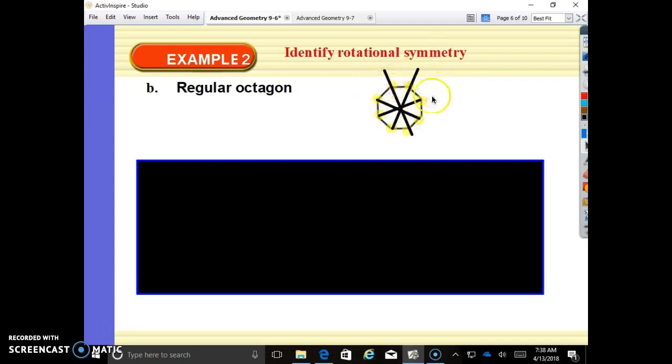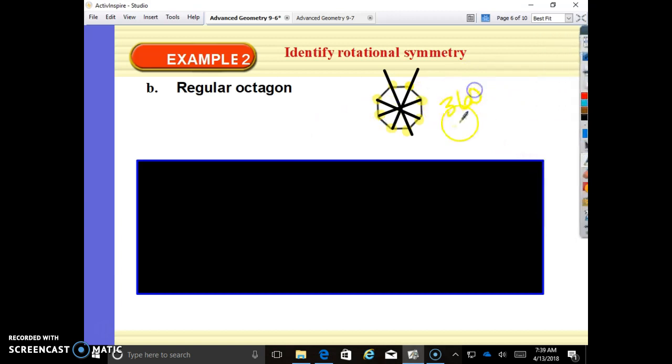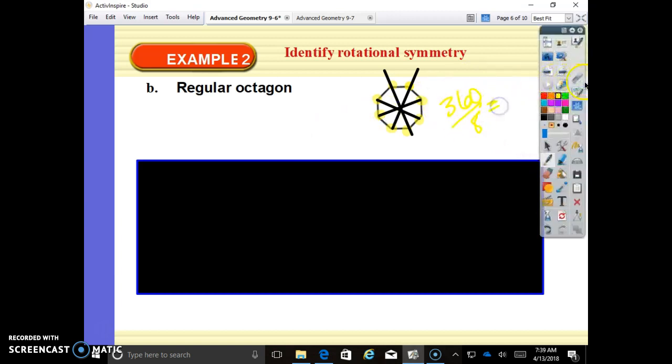Well, this is 8 sides. I have 8 slices of pizza. 360 degrees is a circle. 360 divided by 8 is how many degrees?